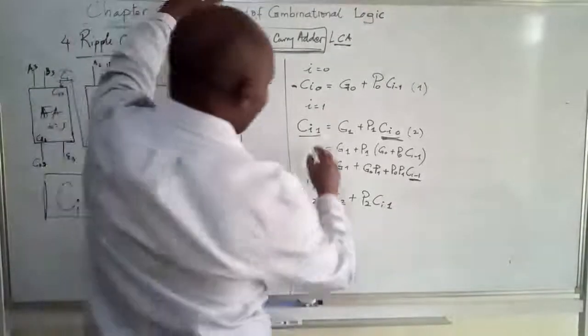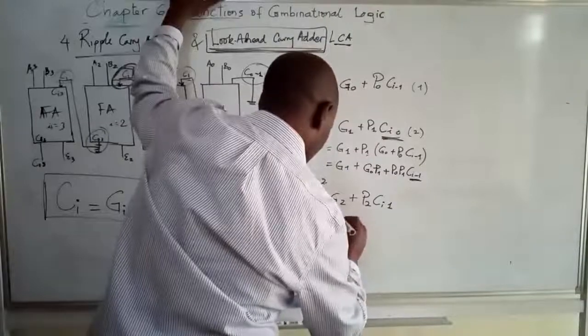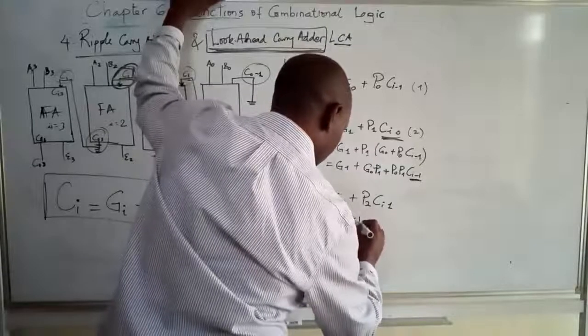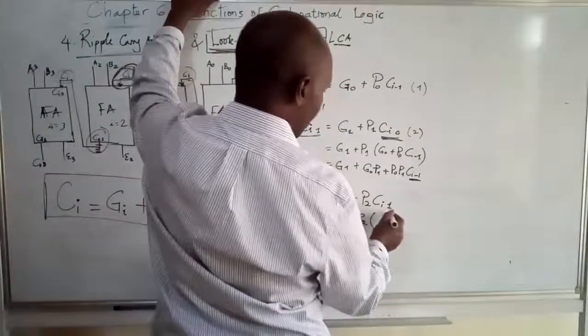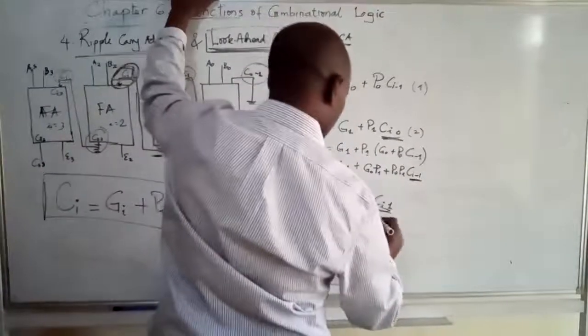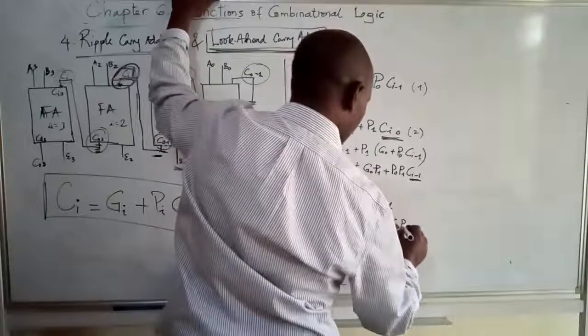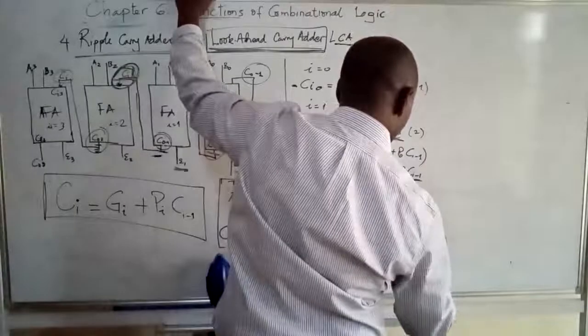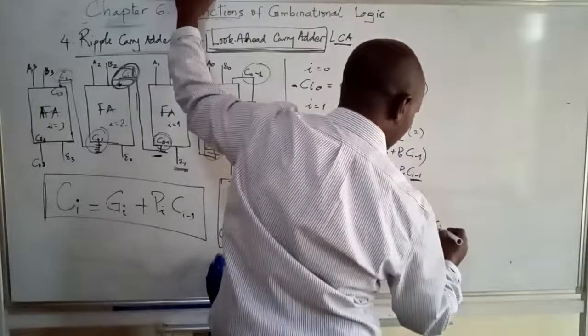Now replacing C in the formula, we'll get G3, G2 plus P2, replacing the C1, G1 plus G0, P1 plus P0, P1 and C in minus 1.